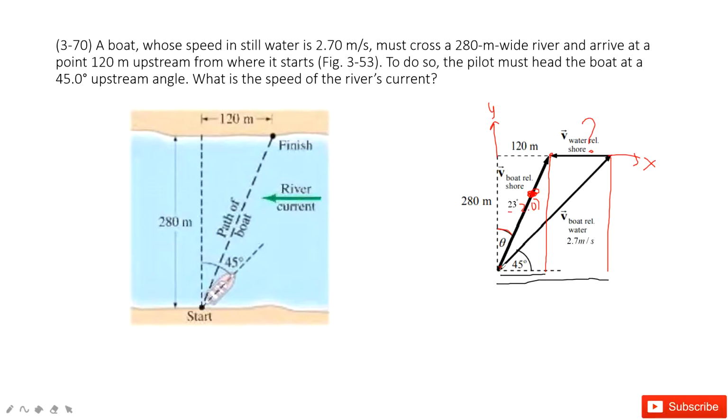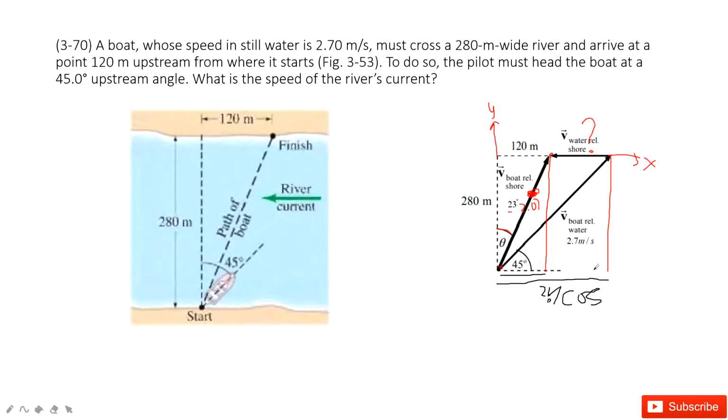Agree? So in this one, this magnitude is 2.7 times cosine theta, because of this side. And this length is 2.07 times sine theta, because this side is equal to this side, and in this triangle it is sine theta, sine 23 degrees.